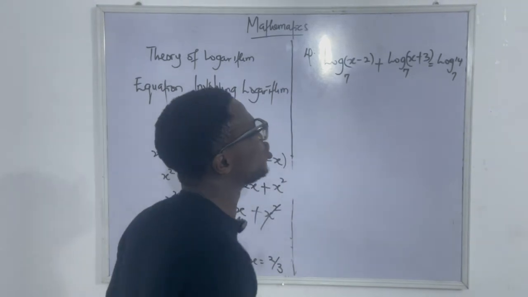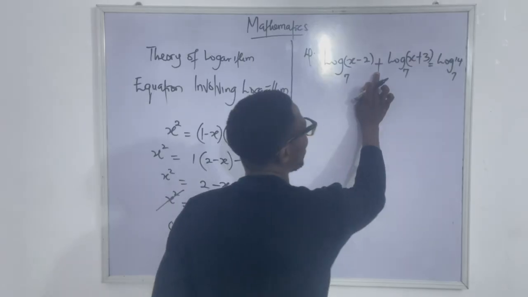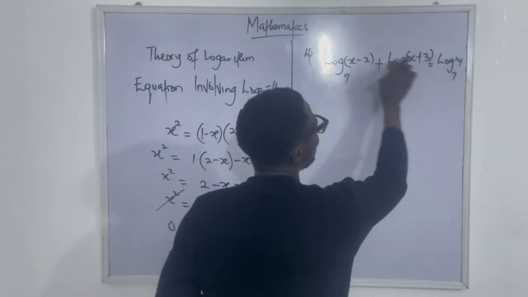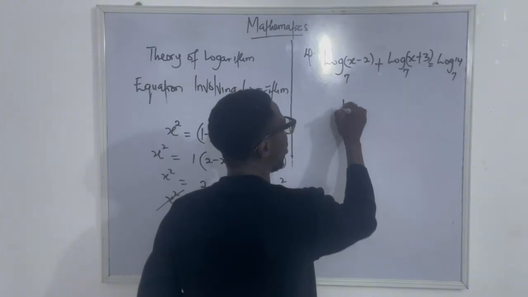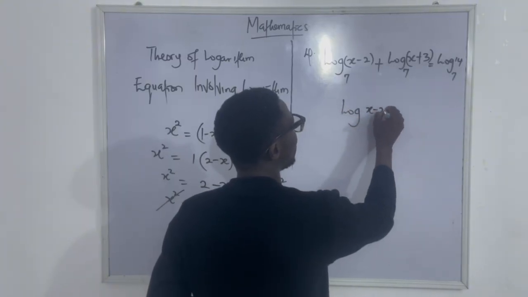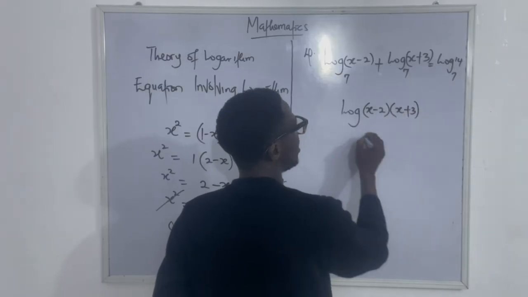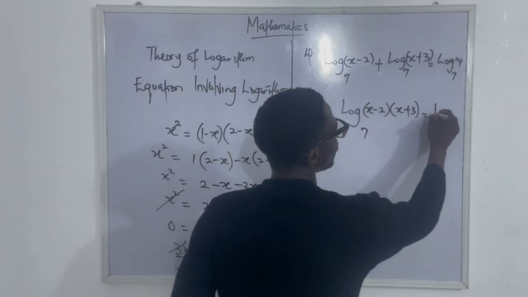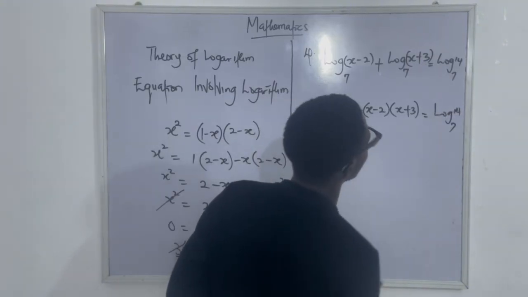Now, what you need to do is just follow the law steadily. The law says that we will multiply the numbers since the bases are equal. Now, log x minus 2 times x plus 3 base 7 equals log 14 base 7.